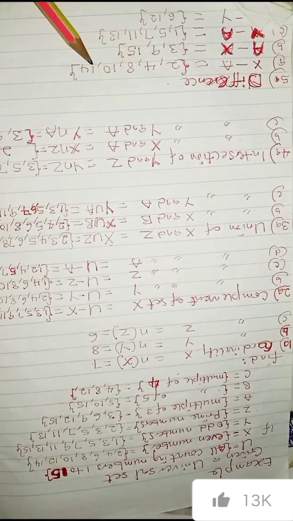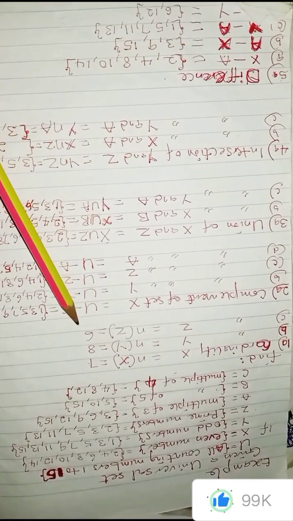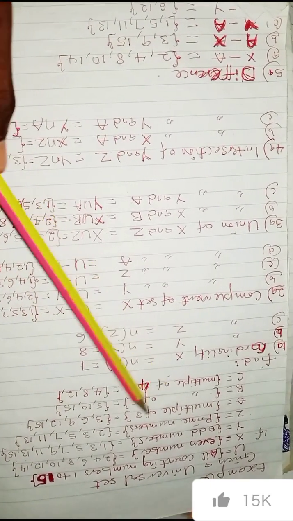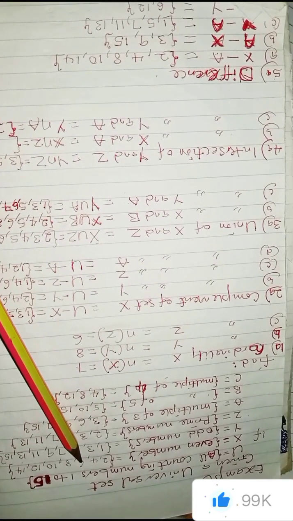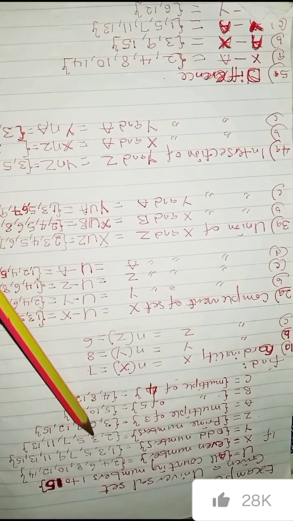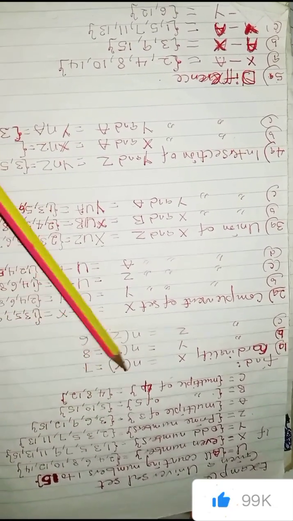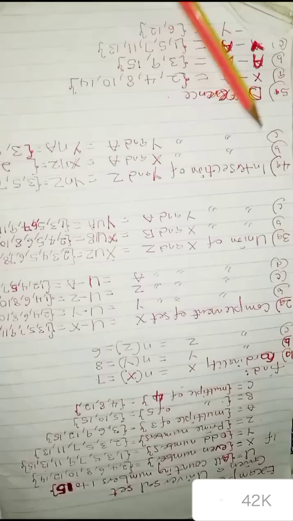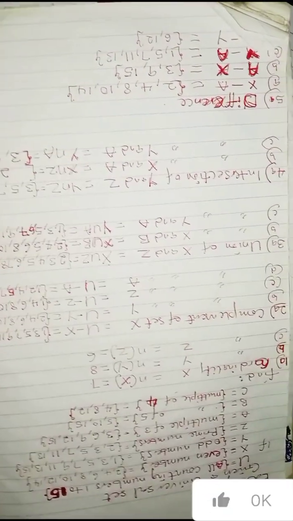This is what you have left. Then A minus S, A is 3, 6, 9, 12, minus S. Remove all the values of S that are in this set A. It will give you all your values. So that is how it is.